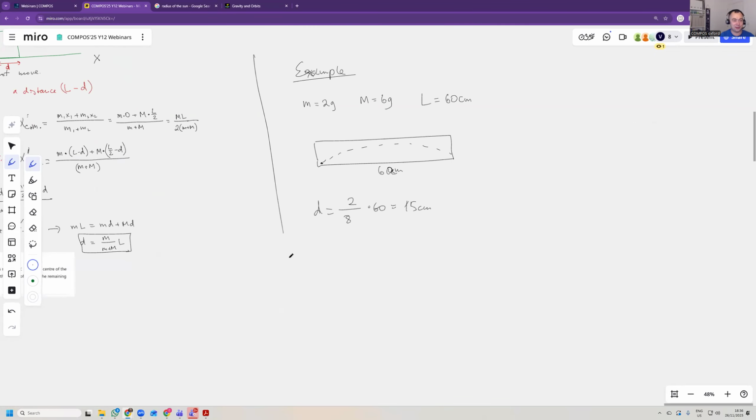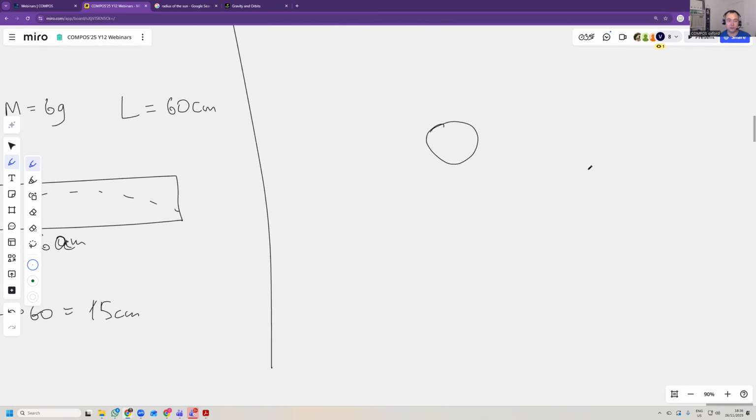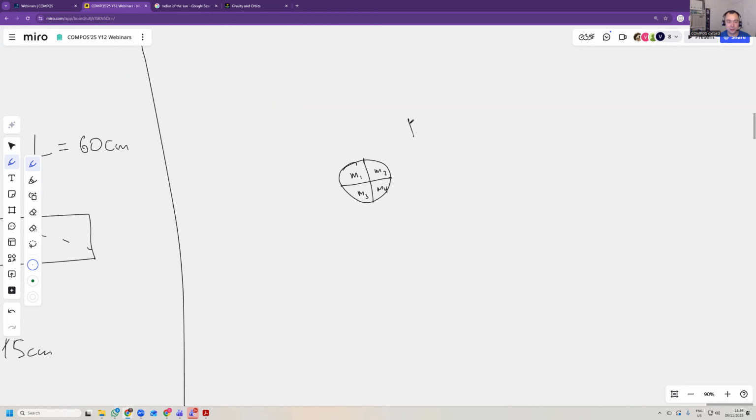So if you have a shell, let's say a bomb that breaks into 4 pieces, M1, M2, M3, and M4, and it flies away, all the pieces fly in different directions with different speeds.